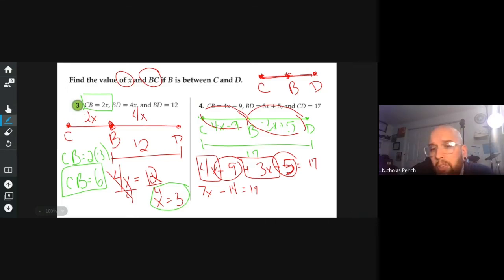I add 14 to both sides, which gives me 31. I divide everything by 7. And I get 31 over 7 for x. Not pretty at all.